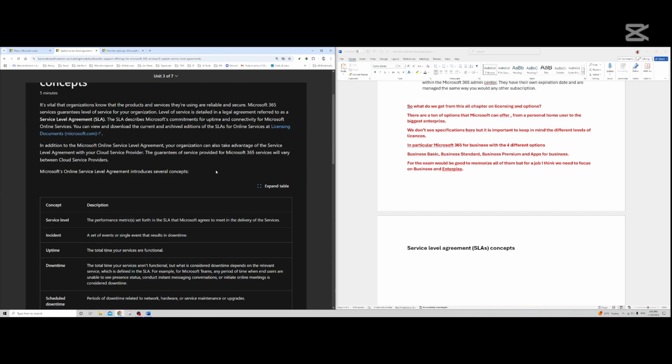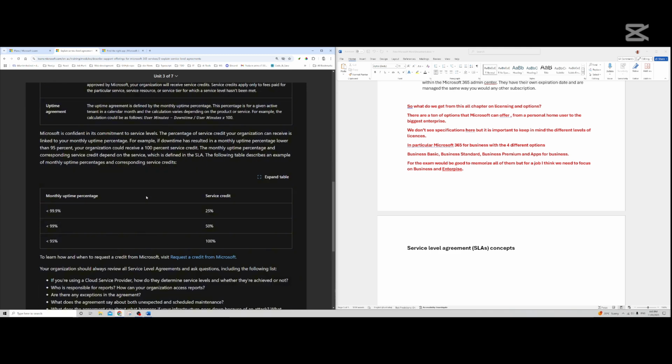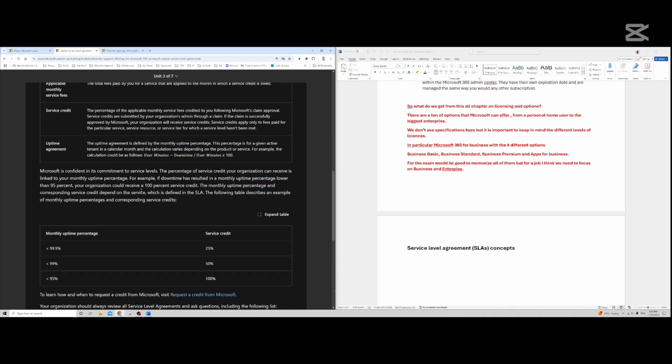So basically, your cloud provider, service provider, needs to guarantee that your uptime will be at least 99% in the whole year.